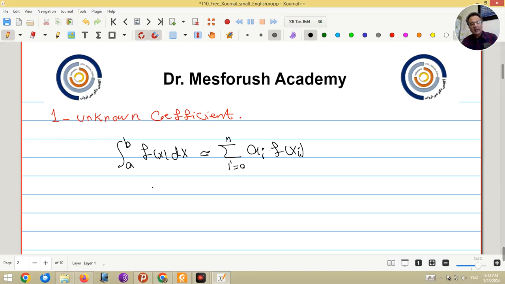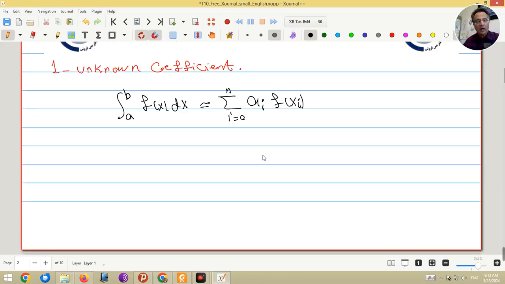This is the idea of a numerical integration formula. In these cases, we have to determine some things. First of all, we have to determine what the x_i's are, and then we have to compute the a_i's.